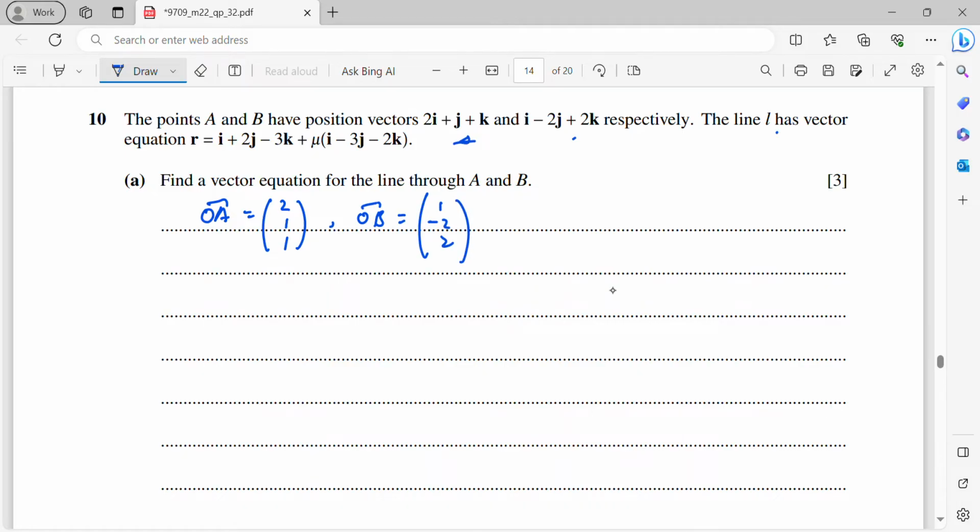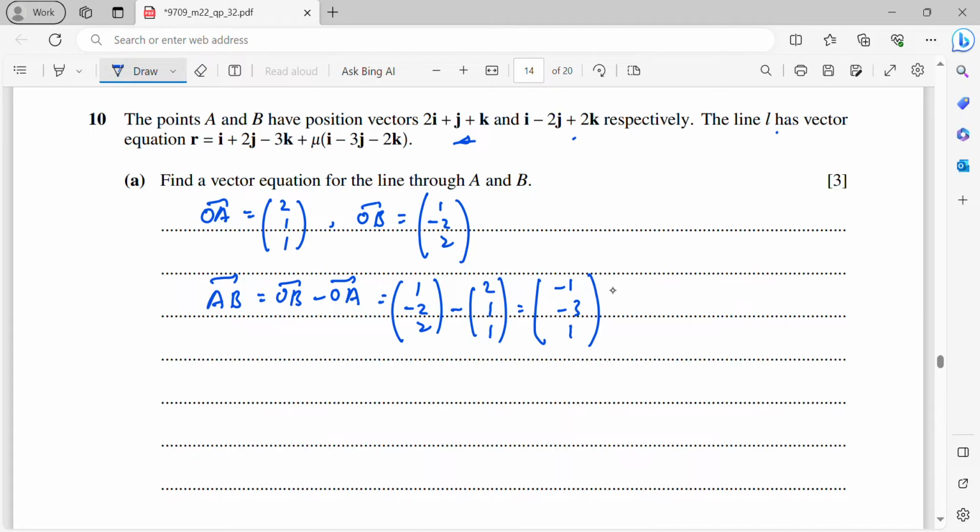Find a vector equation for the line through A and B. So now I need to find vector AB. Vector AB is OB minus OA. That means you'll be getting (1, negative 2, 2) minus (2, 1, 1). Then here is going to be (negative 1, negative 3, 1). You can leave this in this form, or probably you can just factorize a minus for the direction vector.